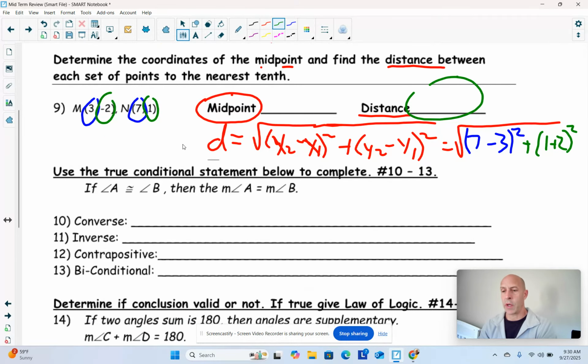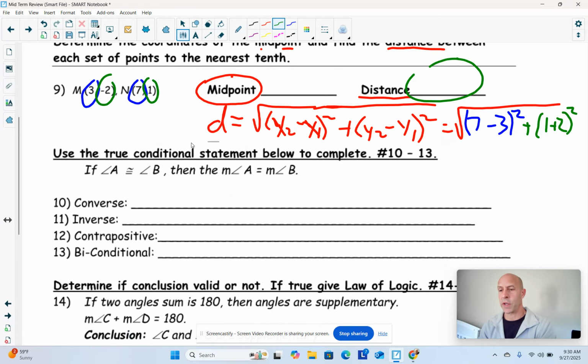Numbers 10 through 13, these are converse, inverse, contrapositive. So I'm just going to show you very quickly, let's do the inverse. This conditional statement says if angle A is congruent to angle B, then the measure of angle A equals the measure of angle B. So for the inverse, you're going to negate both parts of the conditional statement.